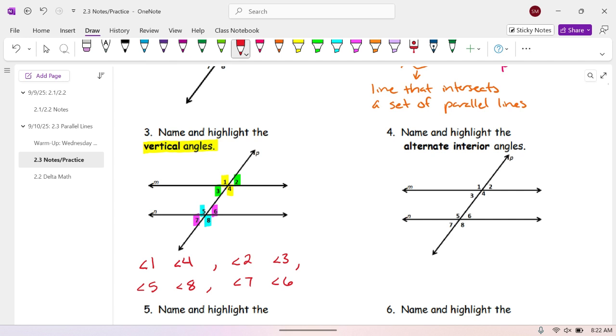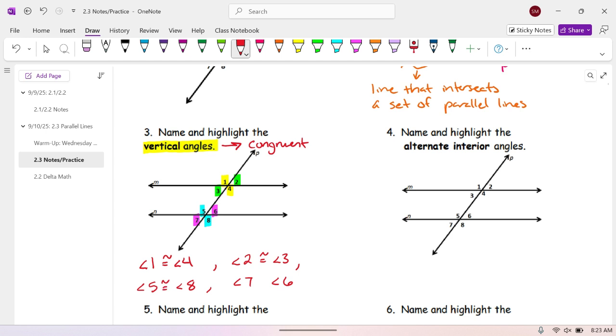Now, I left some space between the angles for a reason, because what did we already say happens with vertical angles? What are they always to each other? What's their relationship? They're congruent. So with vertical angles, they are always congruent. That means angle 1 is congruent to angle 4. Angle 2 is congruent to angle 3.